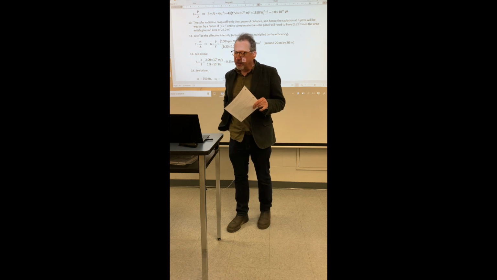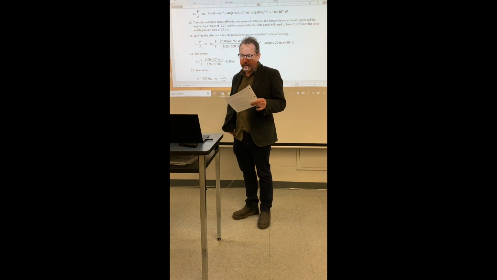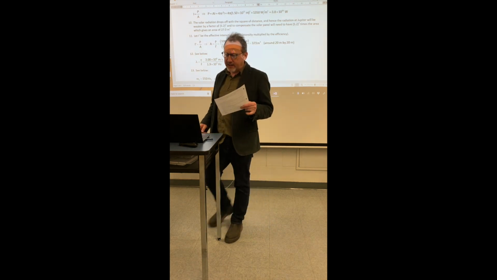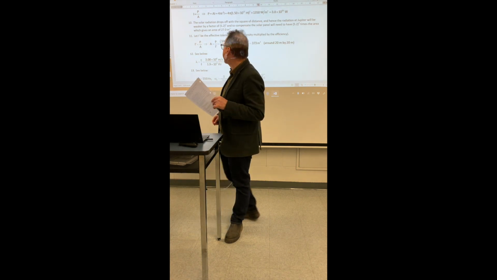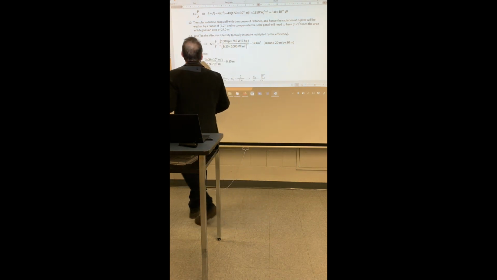So intensity is the power per area, but my intensity here is my effective intensity instead of the actual intensity. So my effective intensity is my actual intensity multiplied by my efficiency. The area is the power I need over the effective intensity.